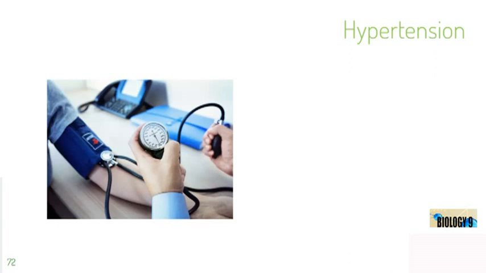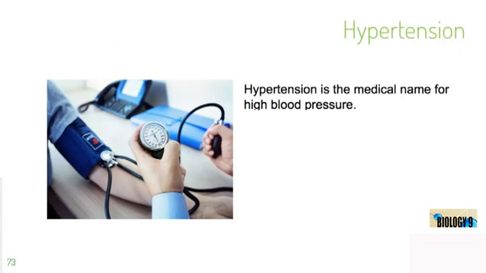Okay, hypertension. This is another problem that you could possibly get with your circulatory system. It's also known as high blood pressure, which you may have heard it referred to in the past. And this is generally greater than 140 in terms of systolic pressure, and diastolic pressure greater than 90.